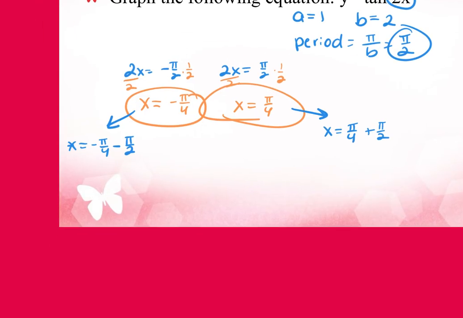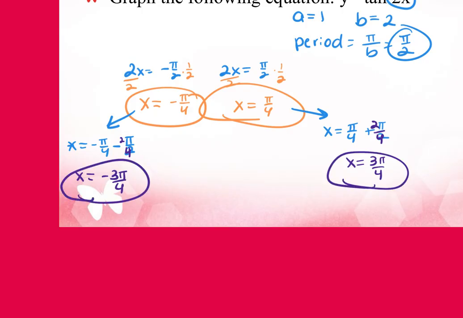So for both of these, I'm going to find my like denominator. This becomes 2 pi over 4, so x equals negative 3 pi over 4. This becomes 2 pi over 4, so x equals positive 3 pi over 4. Now I have 4 asymptotes, which is what I need to get.